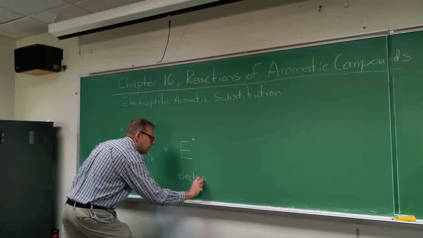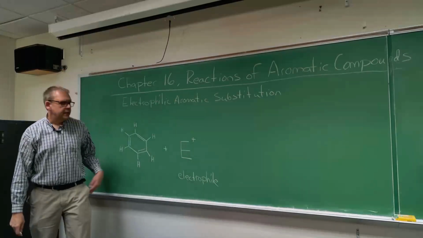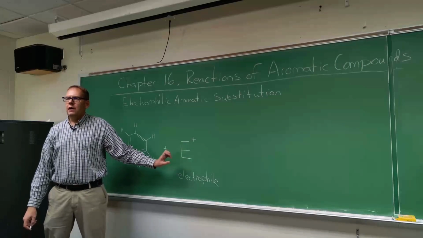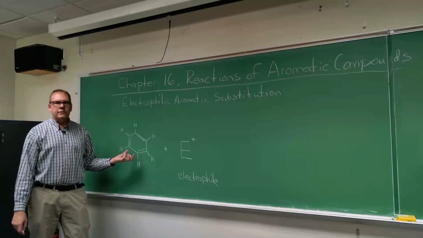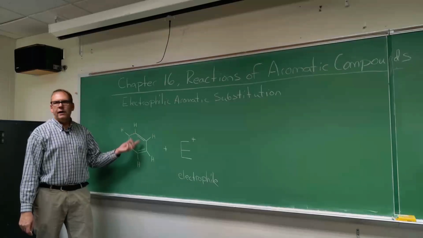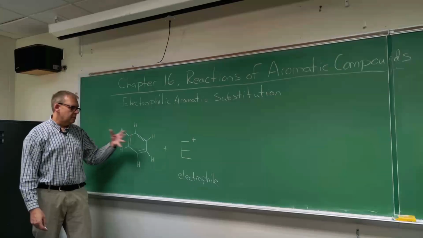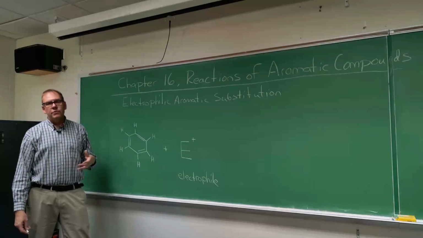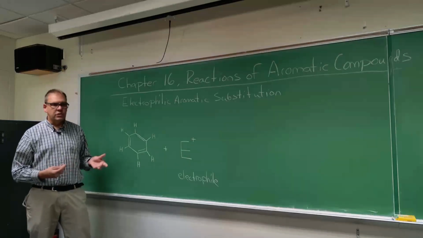This represents an electrophile, which is a species that's electron poor. It's usually got a plus charge on it, and it's always hungry for electrons. So it is attracted to the aromatic ring because the aromatic ring has a lot of electron density in its pi cloud. Those two donuts of electron density above and below the plane of the atoms are good targets for molecules that have a positive charge, especially a really strong positive charge.